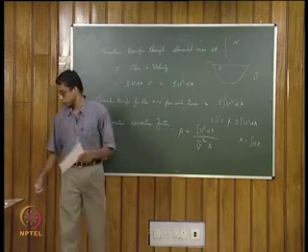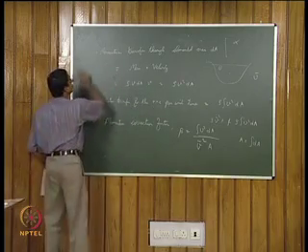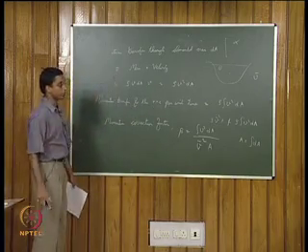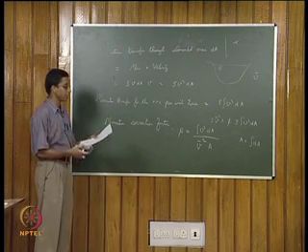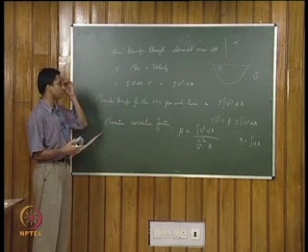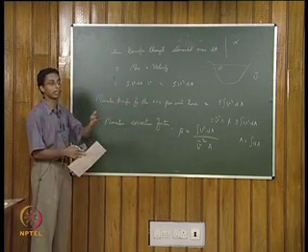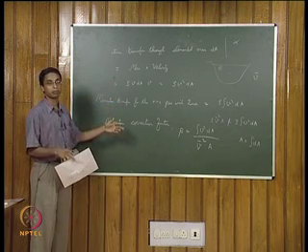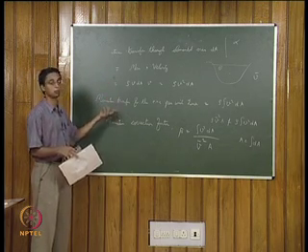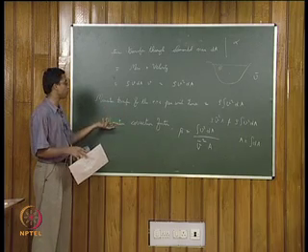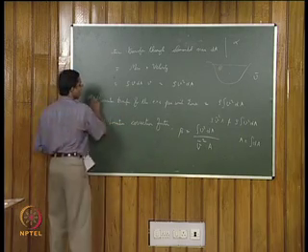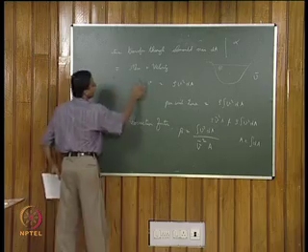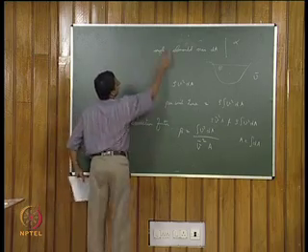So, let us start. Today, we are just going to wind up this lecture. We have seen how the velocity distribution is there in the cross section profile, what is meant by laminar flow, turbulent flow, subcritical, critical and supercritical flows, and how to obtain the energy correction factor and momentum correction factor.